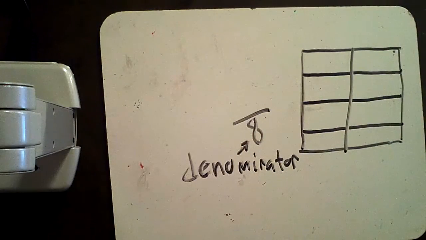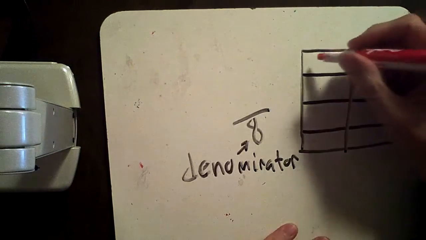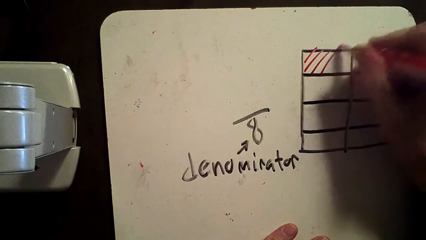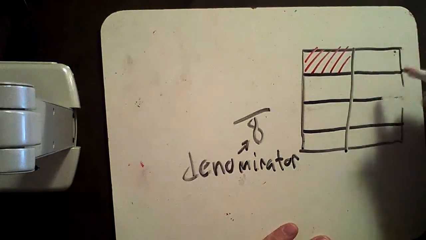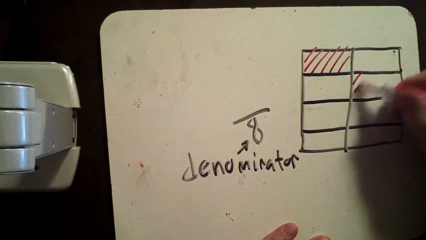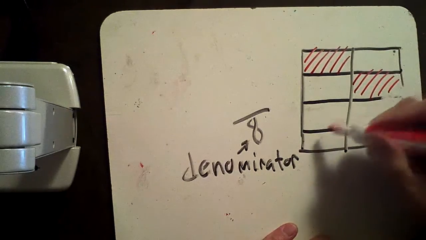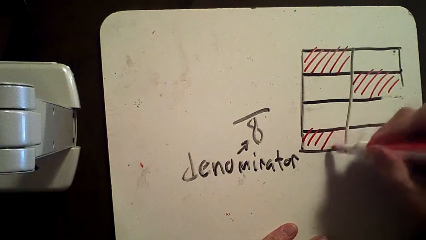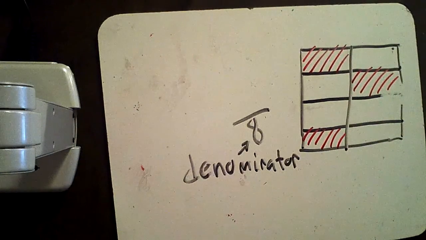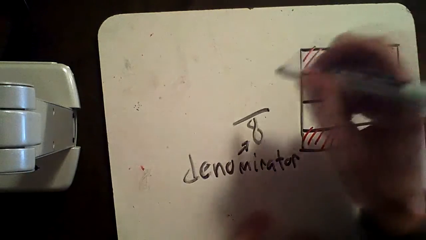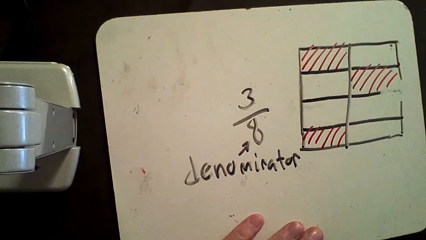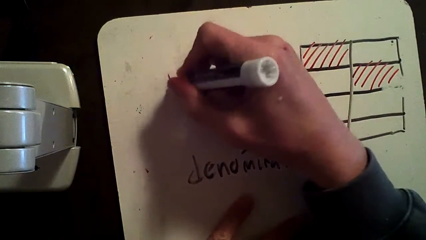Now let's say I put red stripes in, three of them got red stripes. So 3 out of the 8 parts have red stripes. So again, I selected 3 of them out of the 8, and that's our numerator.